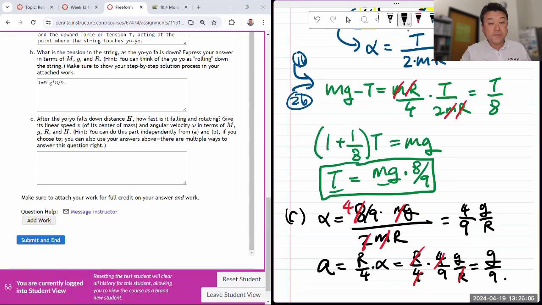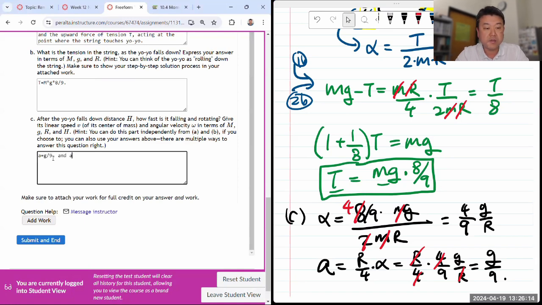Okay, so how fast is it falling and rotating? Let me do it this way. Acceleration is equal to g over 9 and angular acceleration is equal to 4/9 times g over r.